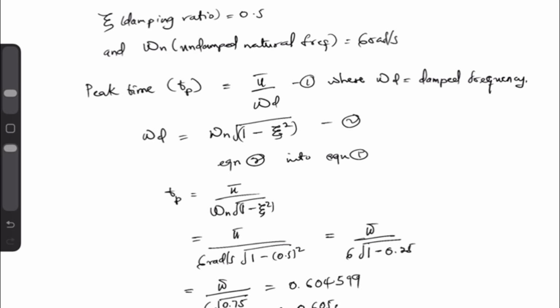So our second order control system uses 0.605 seconds to get to the first, or usually the maximum peak value.